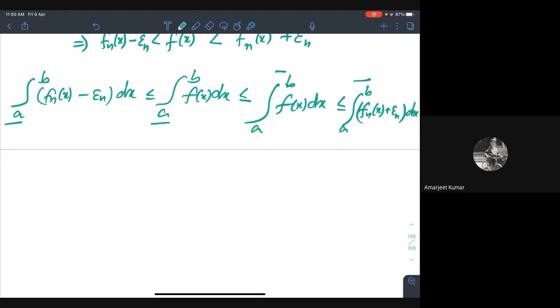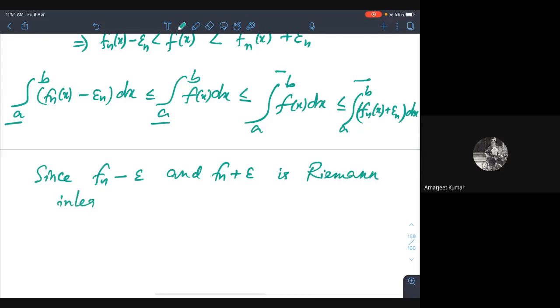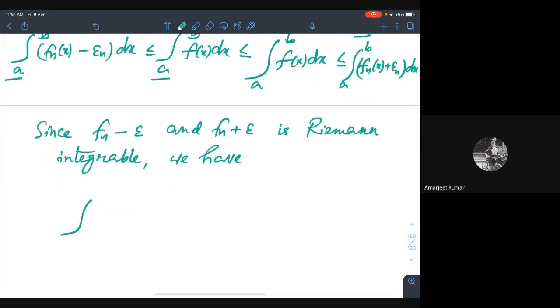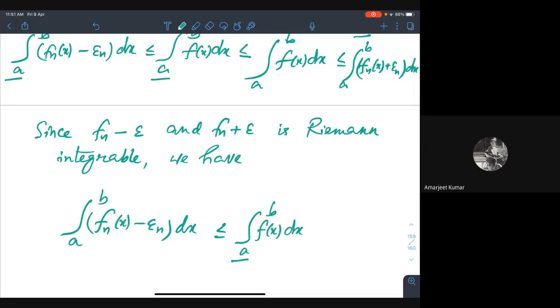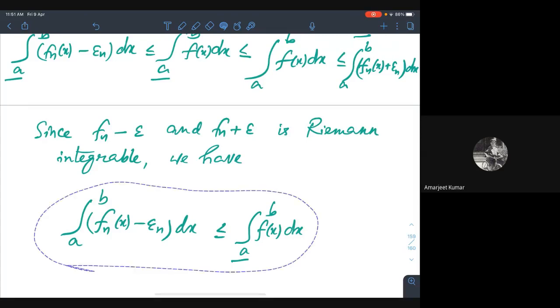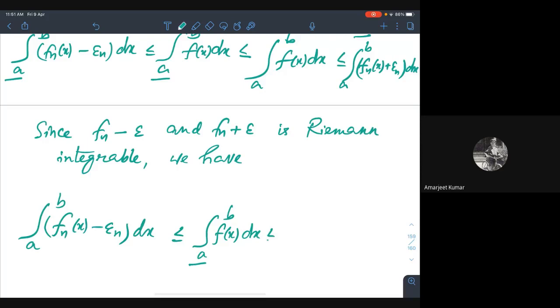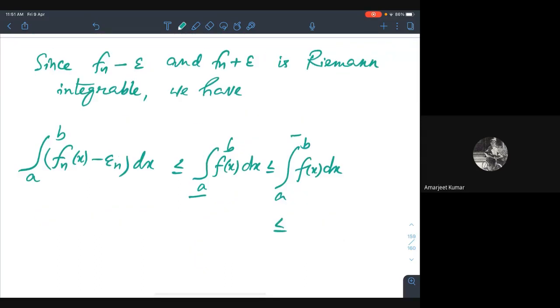Right. Now, since fn minus epsilon and fn plus epsilon is Riemann integrable, we have the lower integral: integration of fn(x) minus epsilon n dx is less than or equal to the lower integral of f(x) dx, which is less than or equal to the upper integral of f(x) dx, which is less than or equal to the integration from a to b.